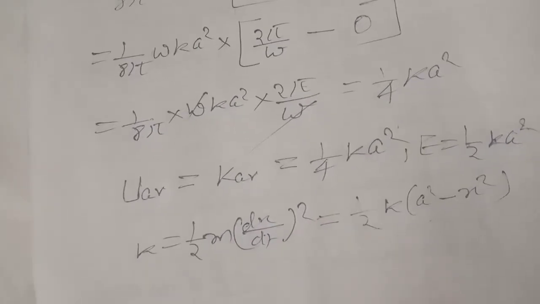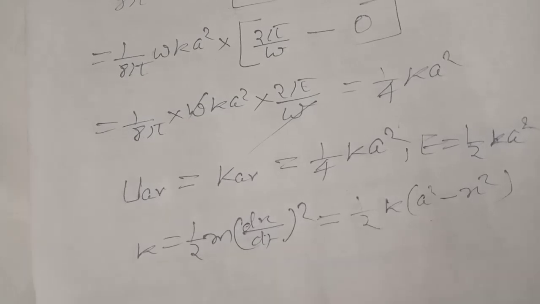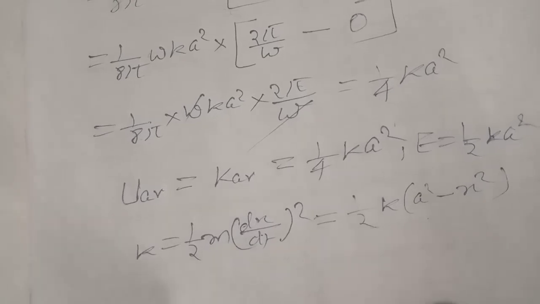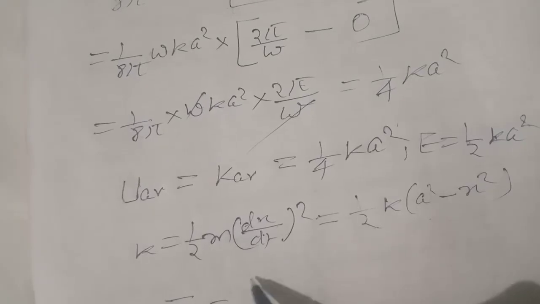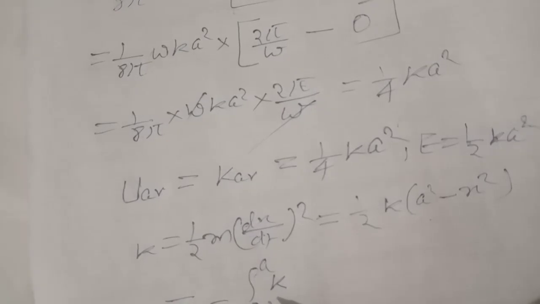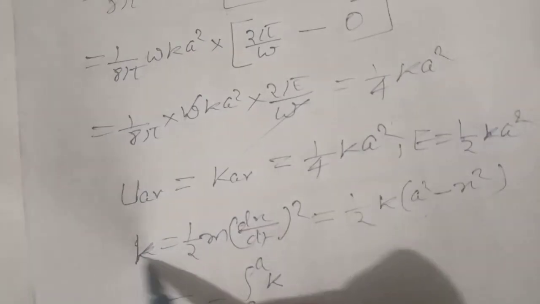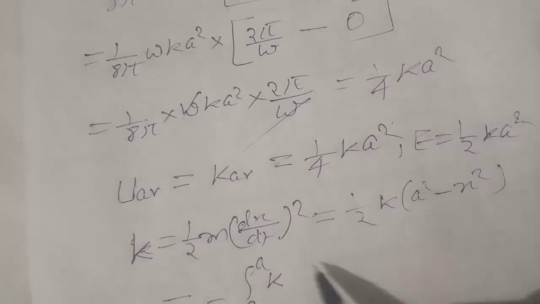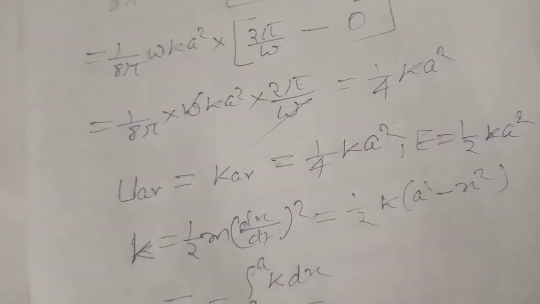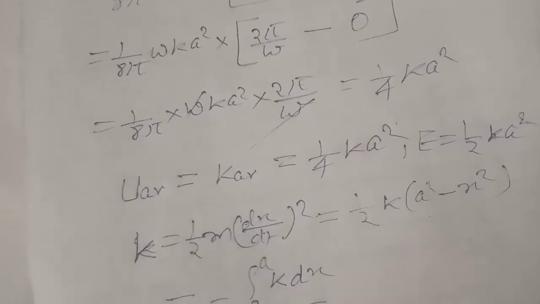So the position average of kinetic energy over the displacement from x equals 0 to x equals a is given by K bar equals the integral from 0 to a of K dx divided by the integral from 0 to a of dx.